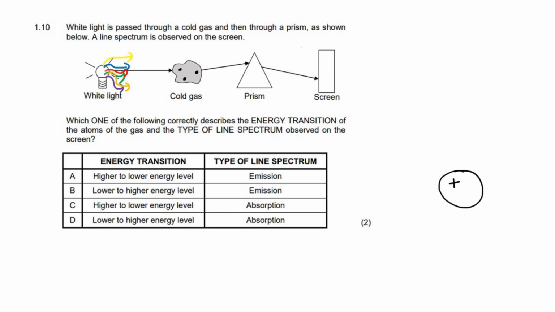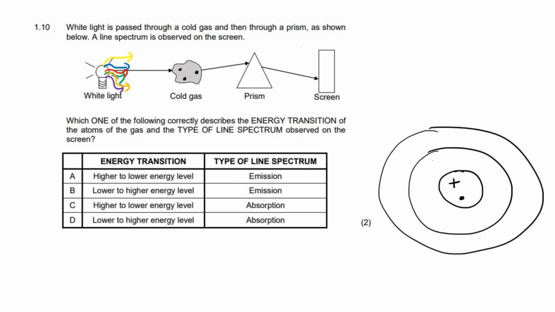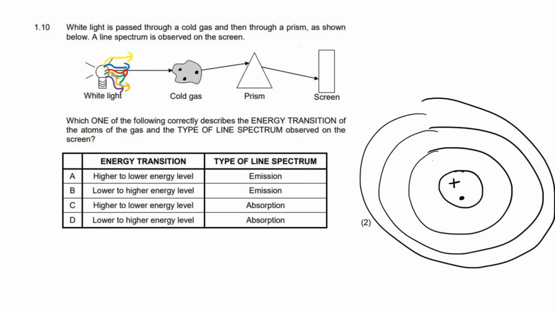In the nucleus, you've got protons, which are positive, and neutrons, which are neutral. And then on the outside, you've got energy levels. And in those energy levels, there are electrons. Okay? At specific levels, randomly scattered for various reasons.